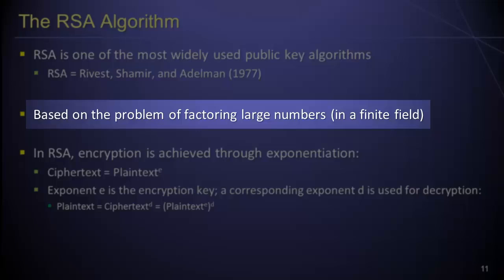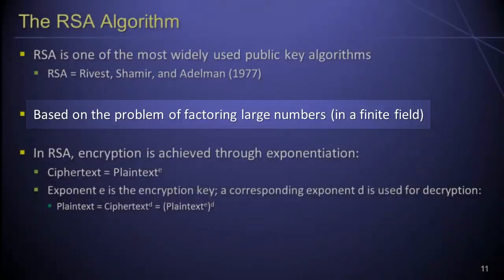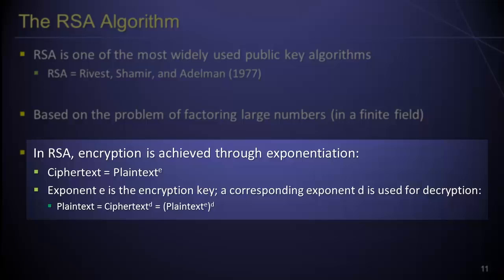The private key is derived by simply computing the multiplicative inverse of the public key. Encryption in RSA is then achieved through exponentiation, such that the ciphertext is equal to the plain text raised to the power of e, where e is the public key. The plain text can be recovered simply by raising the ciphertext to the power of d, where d is the private key.